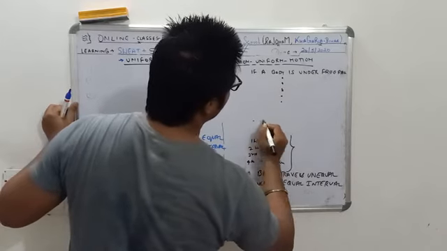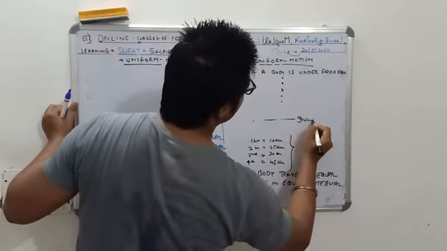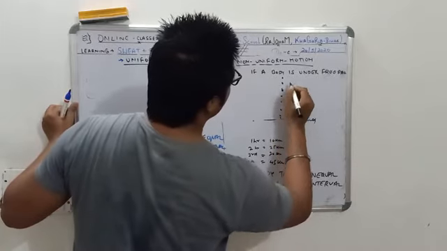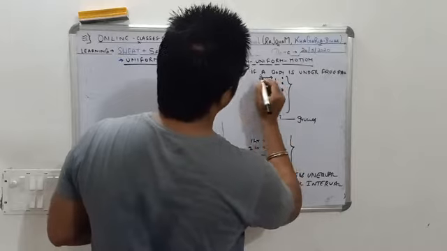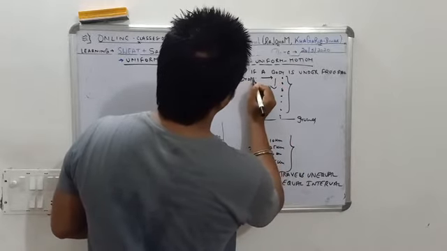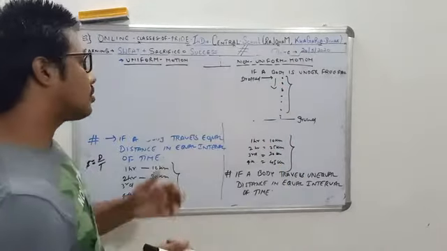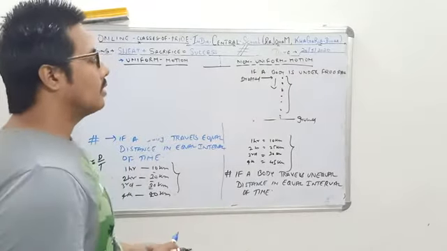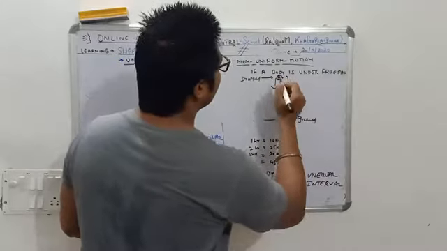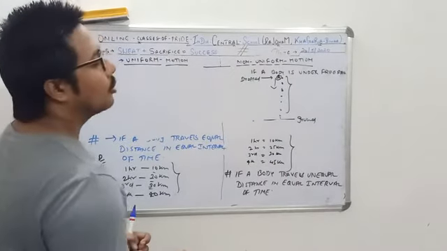Suppose this is the ground. If a body is dropped from here, say this is the object A, will it be in uniform motion or non-uniform motion?